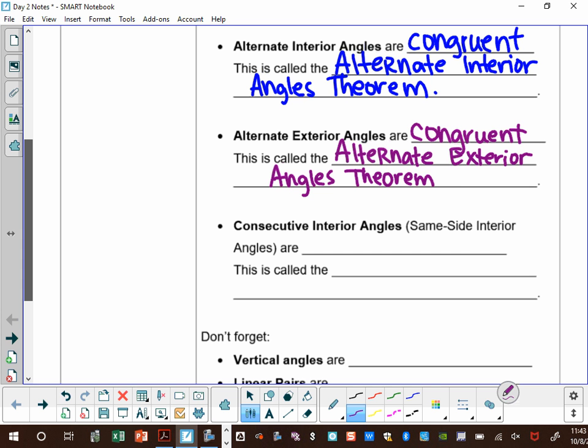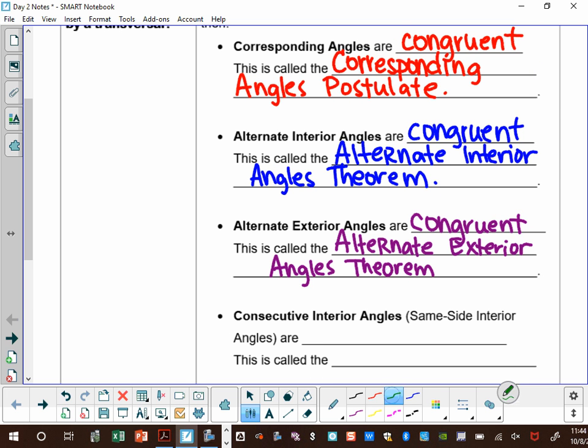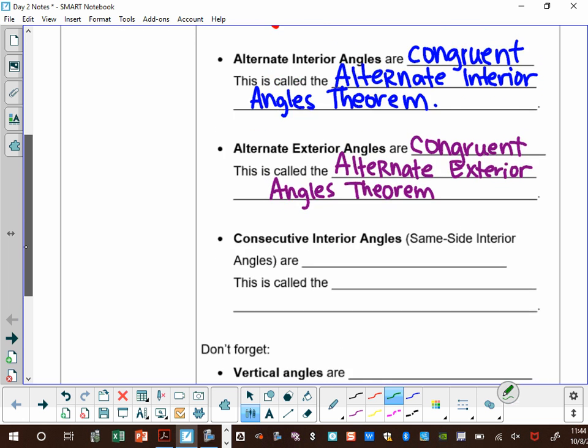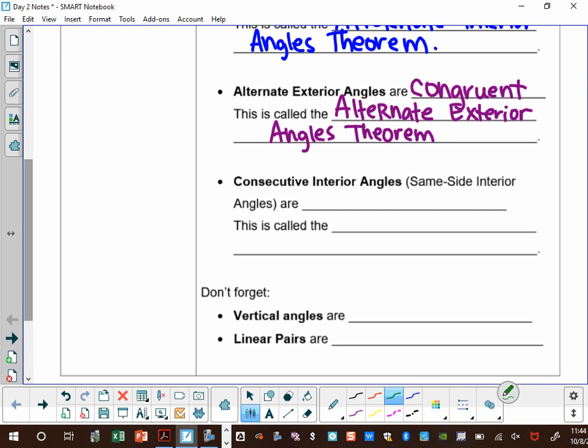The last one is consecutive interior angles, or also same side interior angles. We call it either thing. So consecutive interior angles are supplementary. What does supplementary mean? 2 angles that add up to equal what? 180.